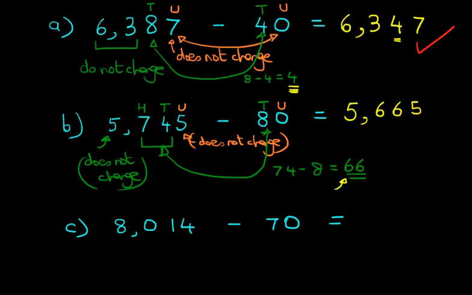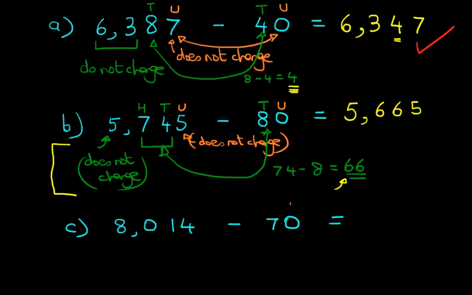In these examples, I'm showing you all the workings out. In time, with a bit of practice, you'll be able to do the questions in your head and write the answer down. So you will not need to do any of the workings. However, that requires practice. So the more you practice, the better you get. So back to our example, 8,014 minus 70.